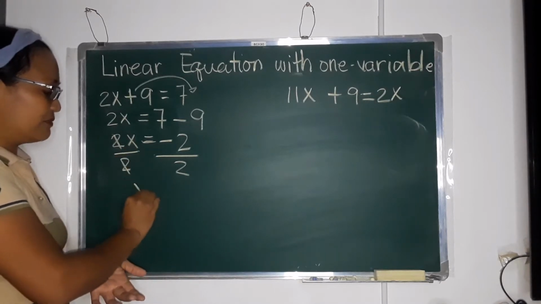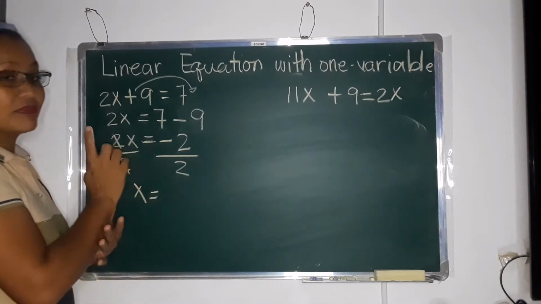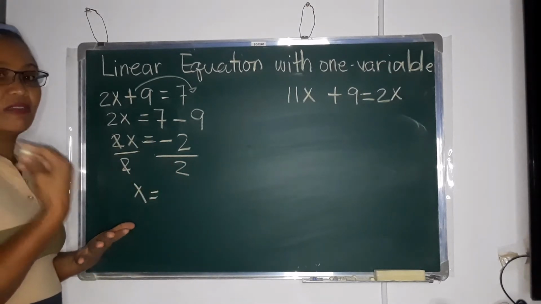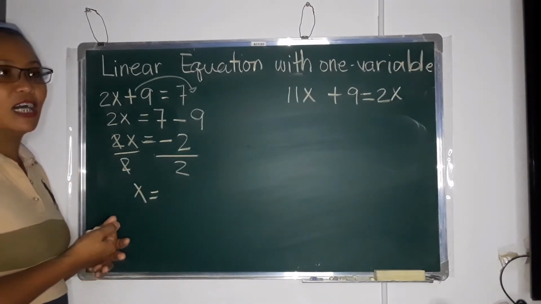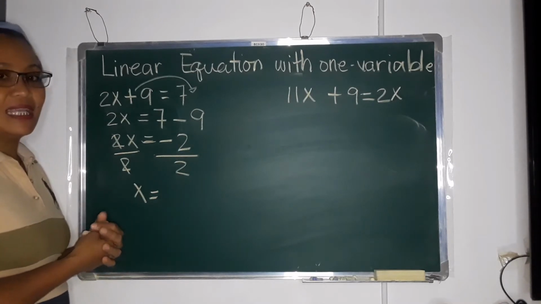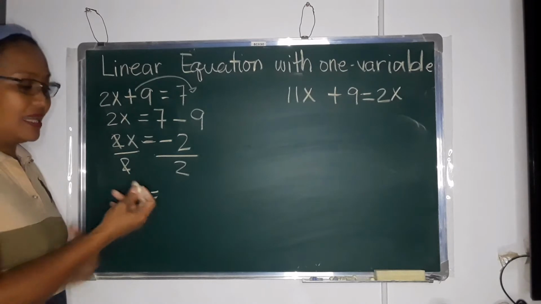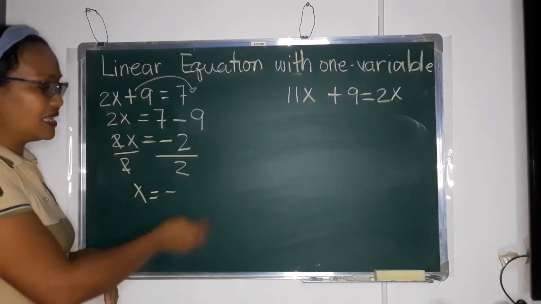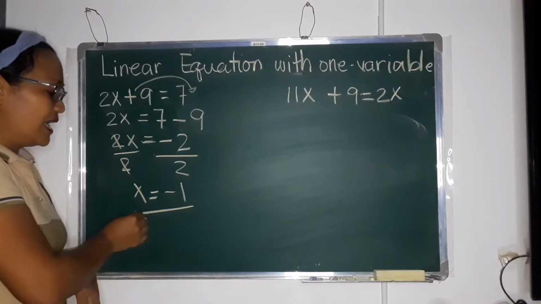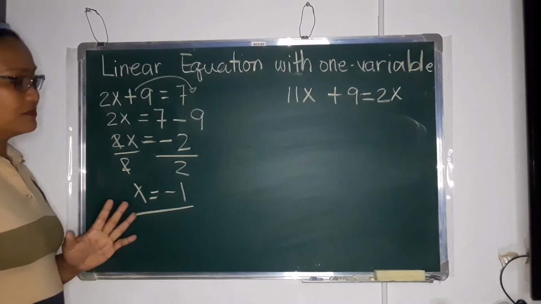Then we have x. And then, negative divided by positive. If you divide integers with unlike sign, the answer is always negative. So negative 2 divided by 2 is equal to 1. Therefore, we have x is equal to negative 1.